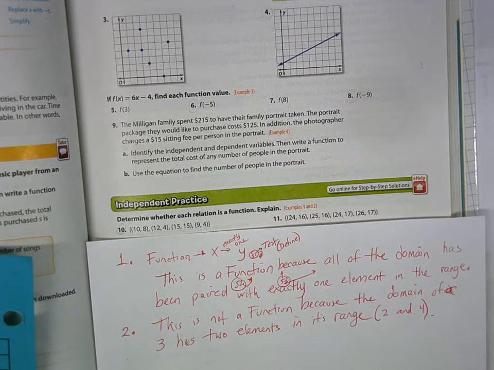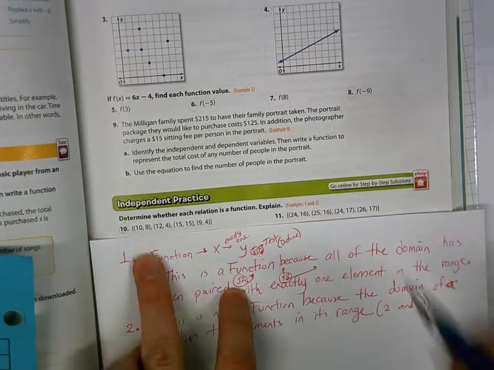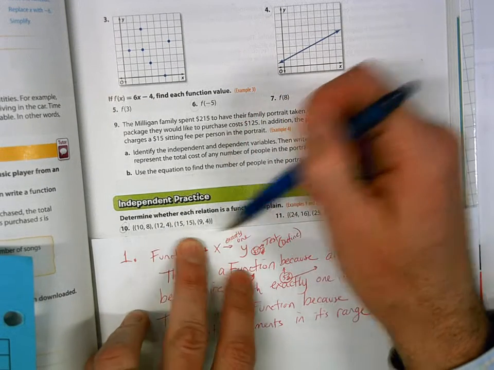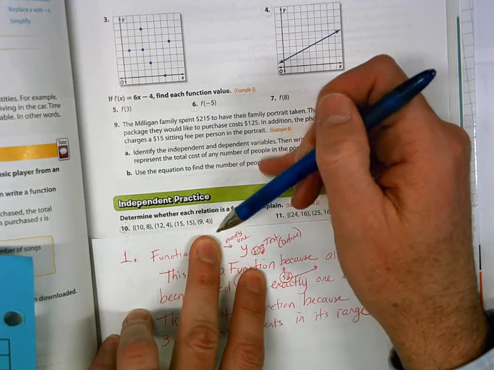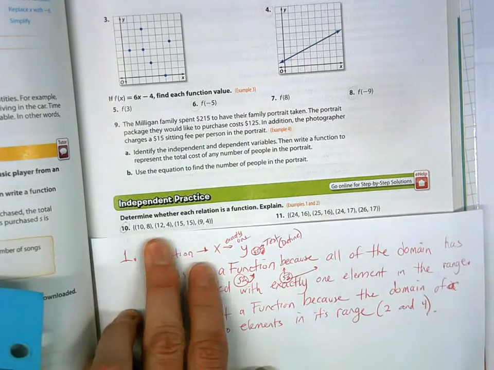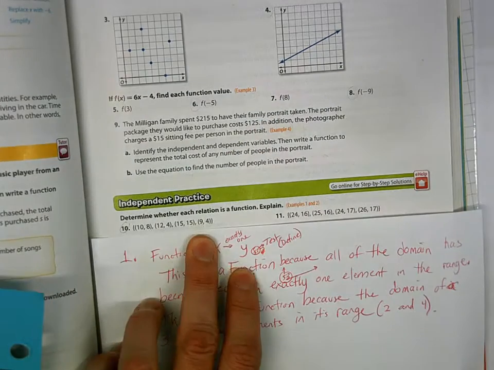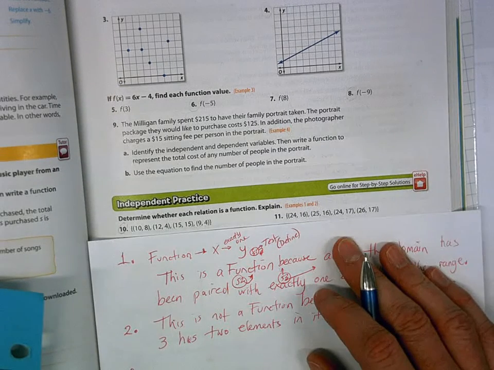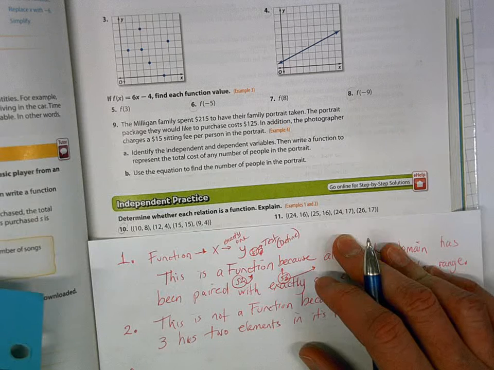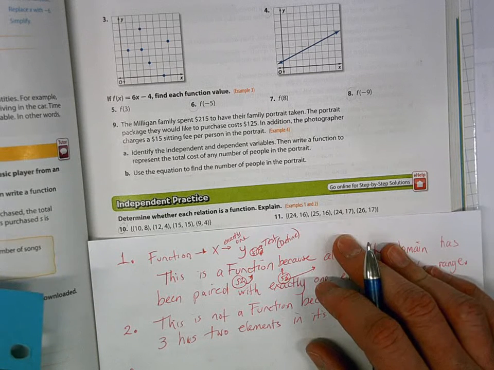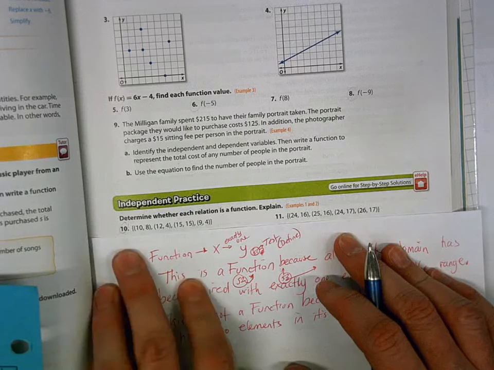Well, if I check out all my x's, according to what they tell me right here, it appears to be a function because there are no same x's with a different y. None of the same domain has a different range. Any questions about that?